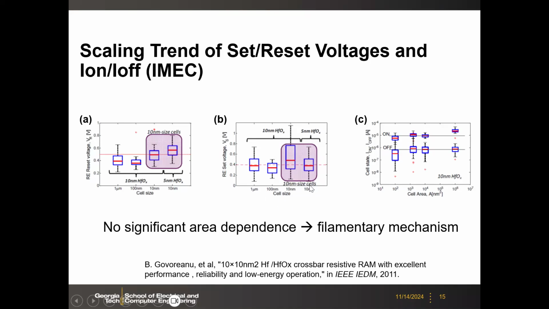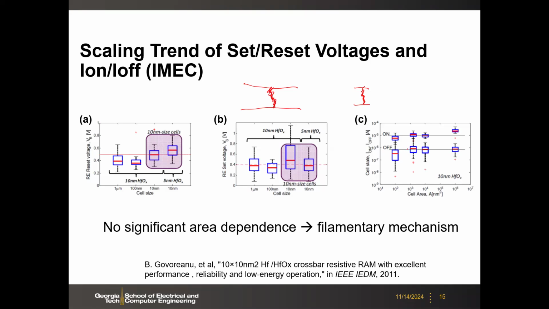So even if the device is 1 micrometer by 1 micrometer or 10 nanometer by 10 nanometer, the switching voltages for set and reset are almost the same. That means it's a filament, because for a large device or a small device, you probably only create the same kind of filament. Even if you have a large device, the actual switching is very local. Okay.